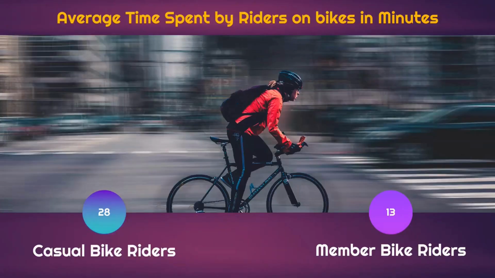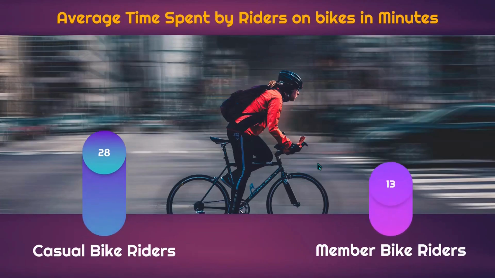Further, if we want to check the average time spent by riders on bikes in minutes, it is noted that casual bike riders tend to spend 28 minutes per ride and member bike riders 13 minutes per ride approximately.